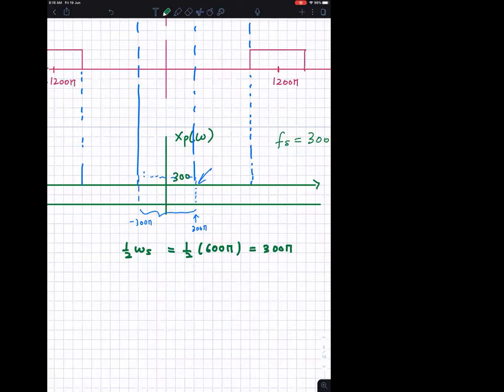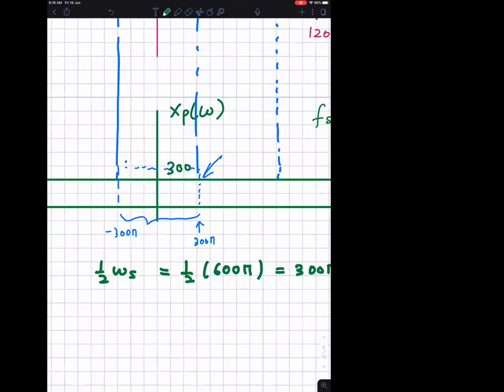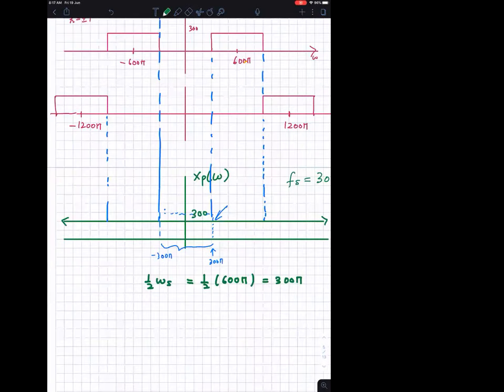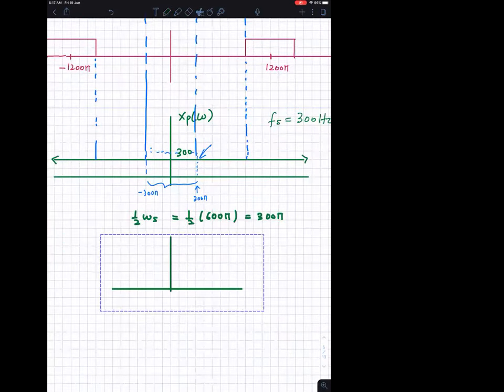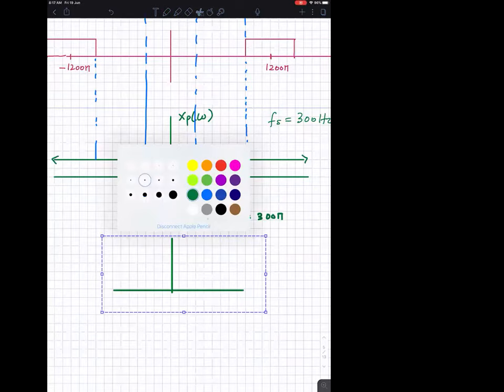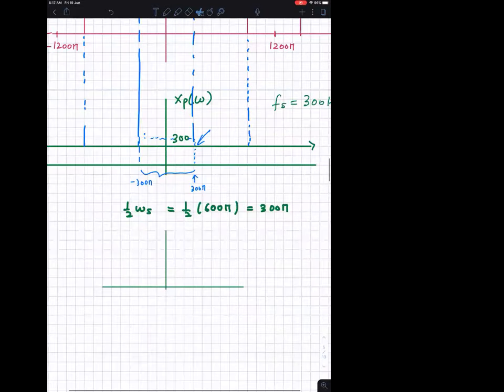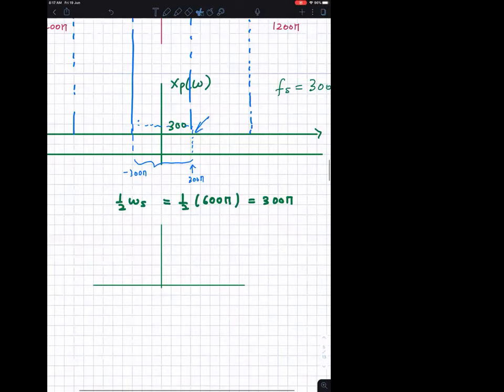So if you look, it is plus minus 300 pi somewhere here. So drop a line here.